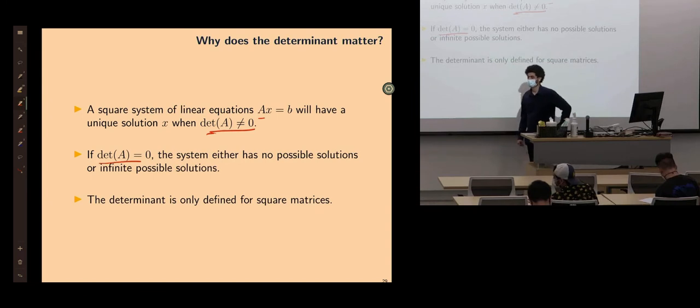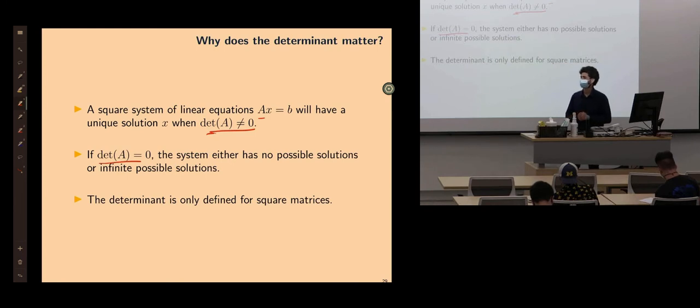Yeah? So you said the determinant only works for square matrices. What do you do if you have a rectangular matrix? That's a very good question, but it's very advanced. Would you just always try to have a square matrix? So I can just say for now that once we learn more, I can formalize it for you. But if you have more equations than the number of variables, we can convert it into a square system. Having extra information is fine.